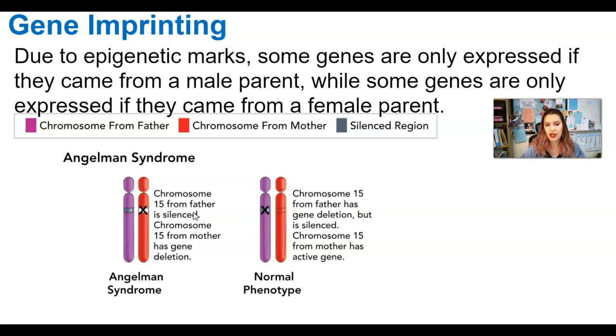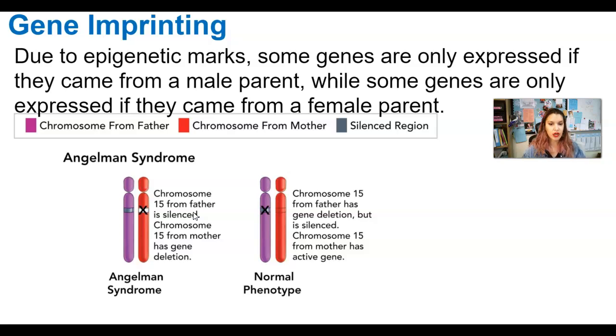And on the other end, though, a normal phenotype, so chromosome 15 from the father has the gene deletion but is silenced, and the chromosome 15 from the mother has an active gene. So there's other ones that are gene imprinting or through epigenetic marks like this one.